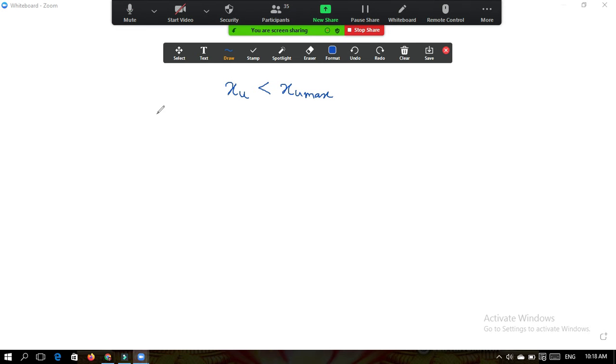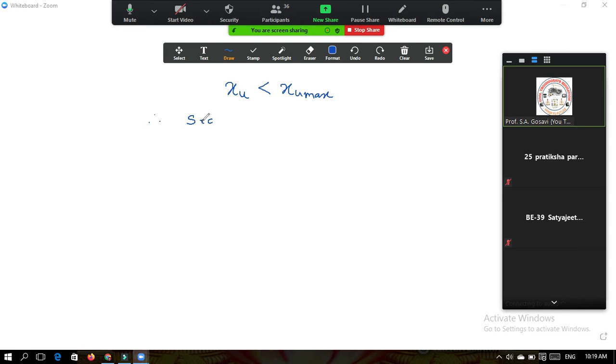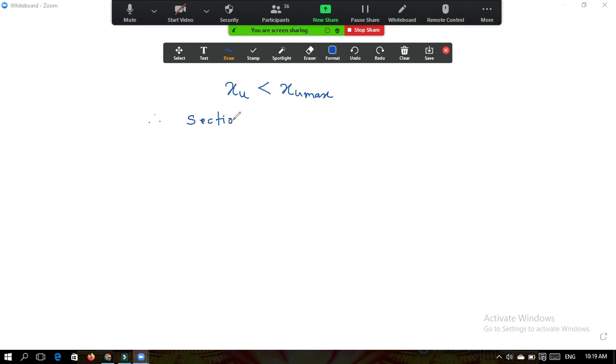Therefore, the section is under reinforced section.